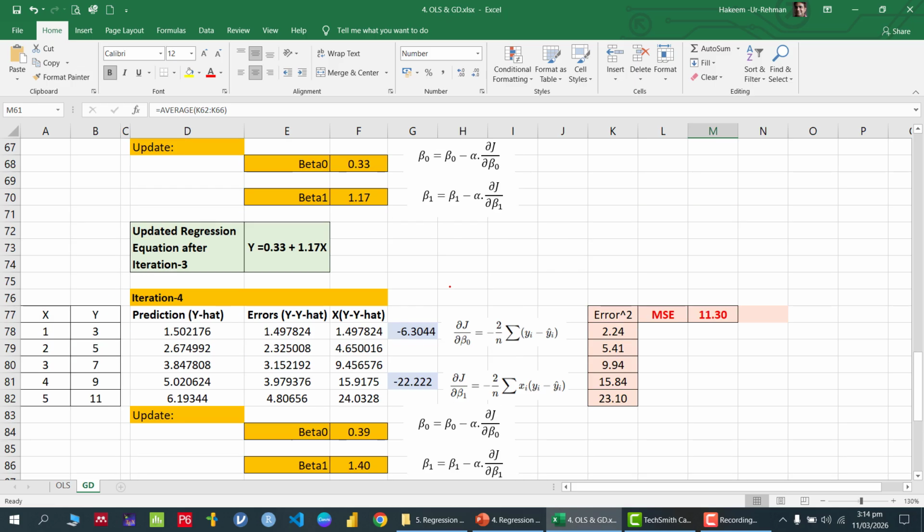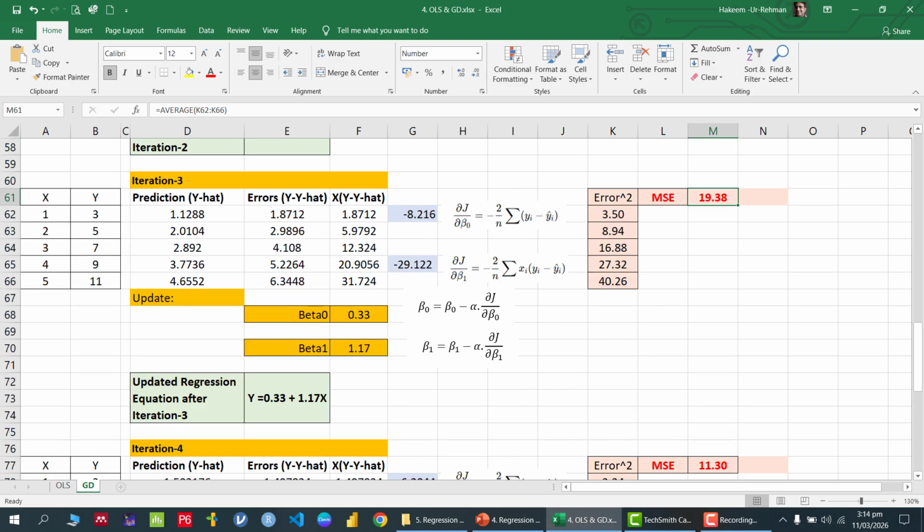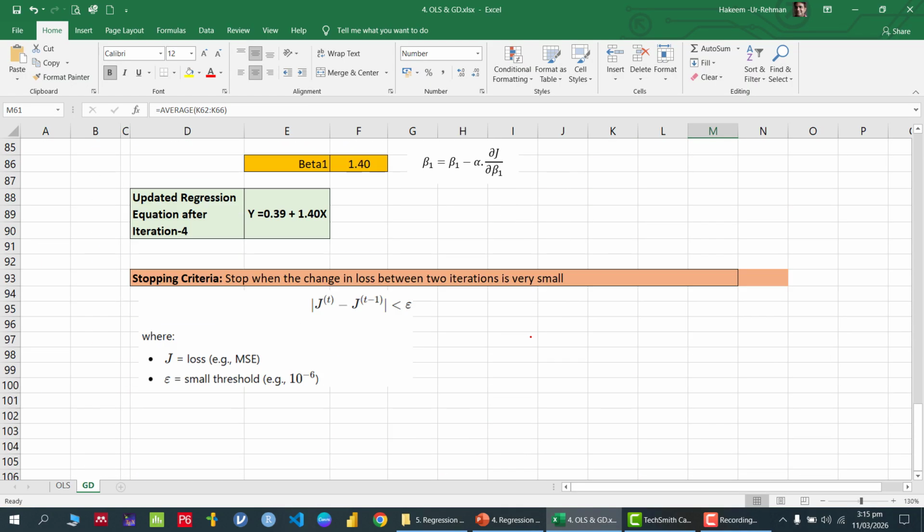So when are we going to stop? Either the mean square error stays equal between iterations, then we stop, or we see that the improvement, that is the reduction of the mean square error compared to the previous one, is very tiny, very small.